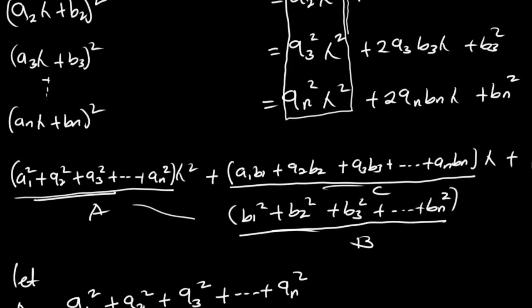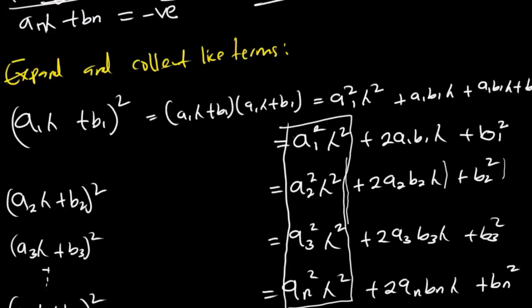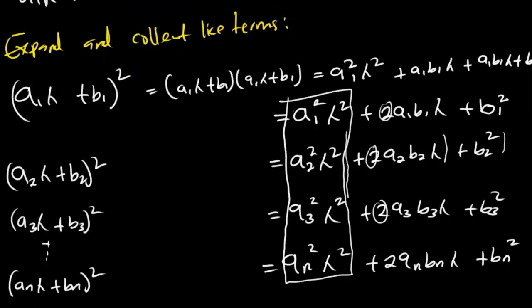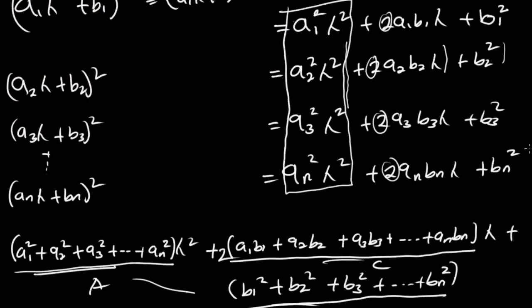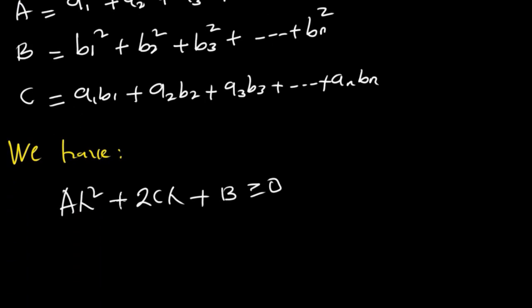Here we have 2, which are all the 2's that are coming from the cross terms.